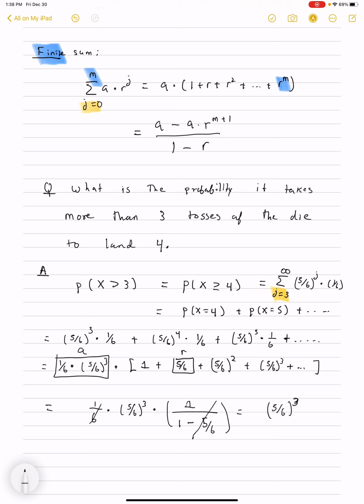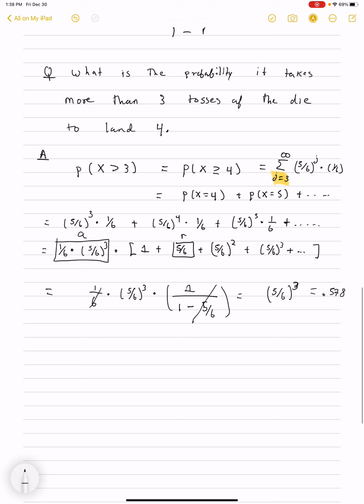So that was a pretty nifty example. And this, in case you're wondering, is 0.578. So 57.8% chance it takes more than 3 tosses of the coin, or put another way, 4 or more.